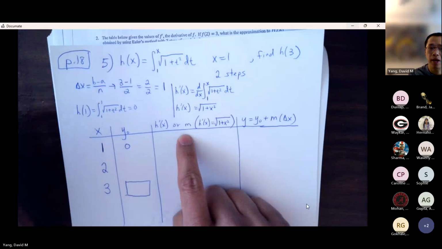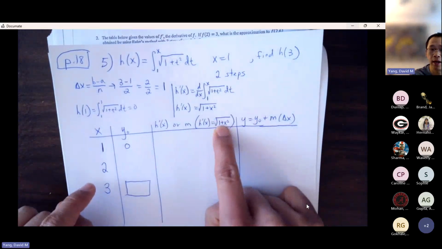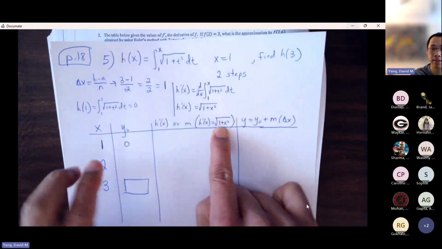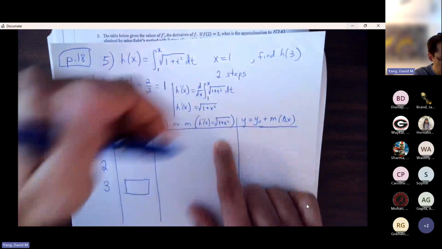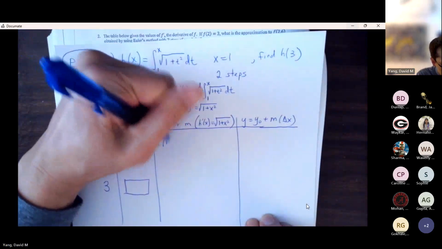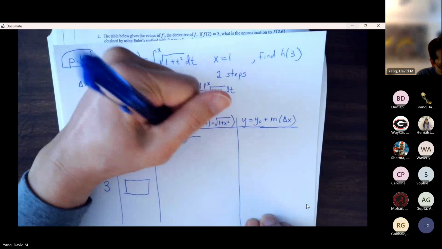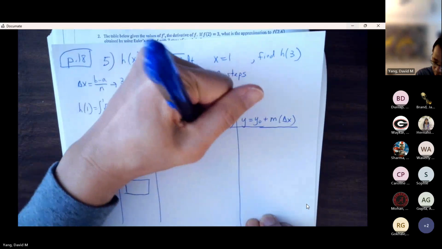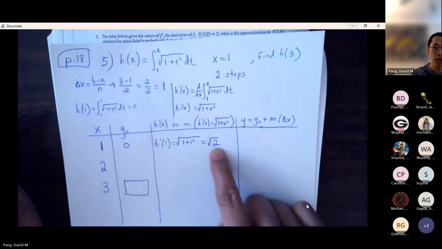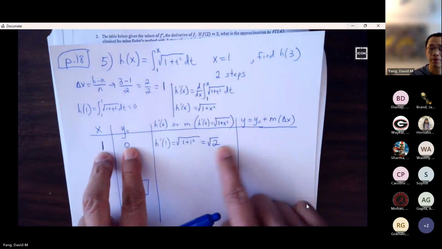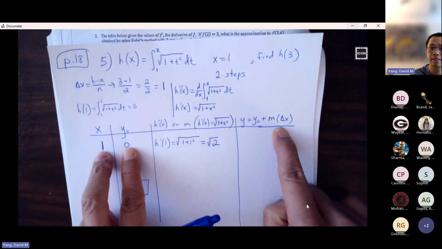Okay, so this is going to be our formula now to find our slope at these respective points. So let's do h prime of 1, which is equal to square root of 2. We have our slope. We have our ordered pair. We have our step size.